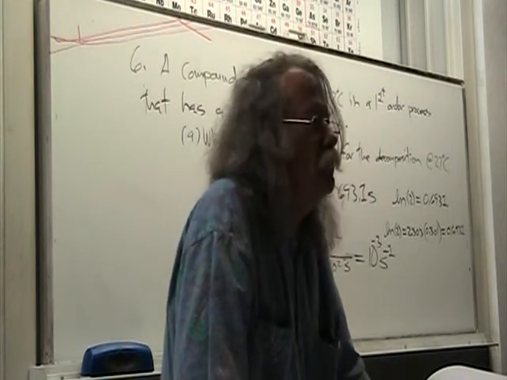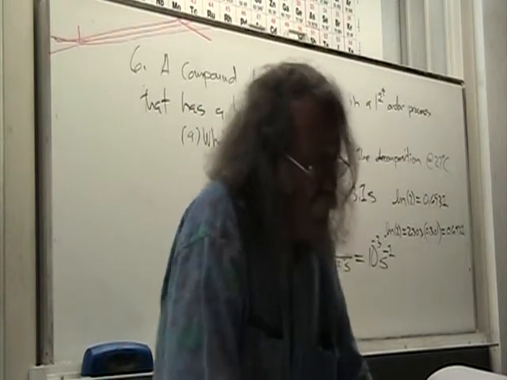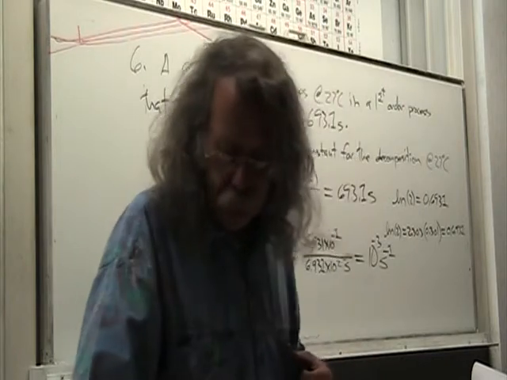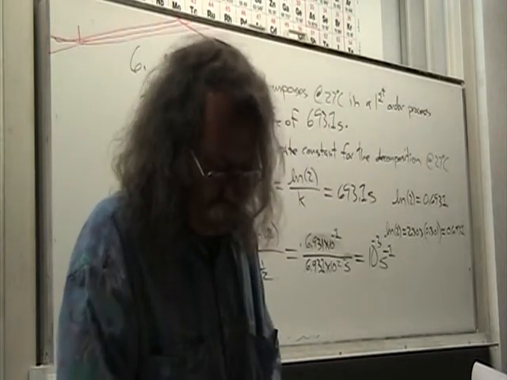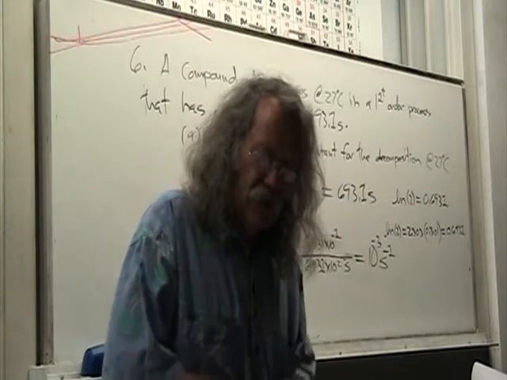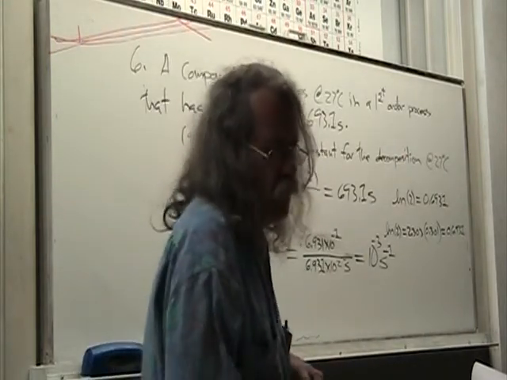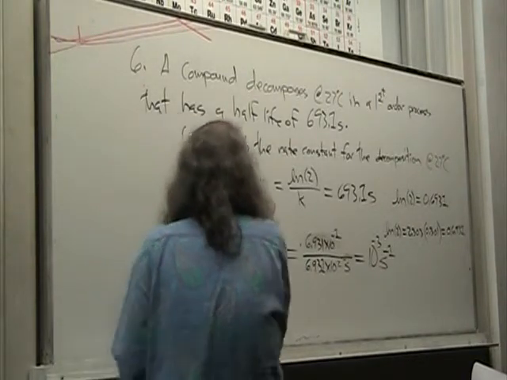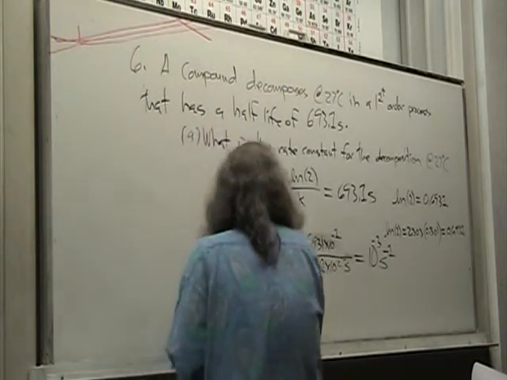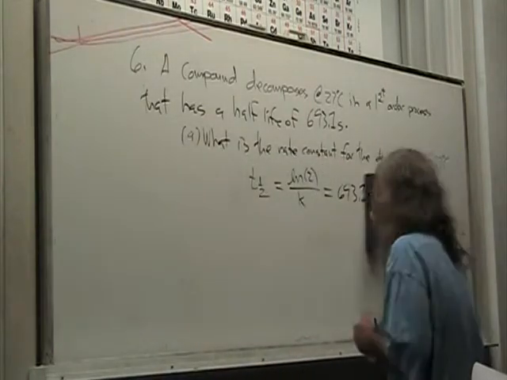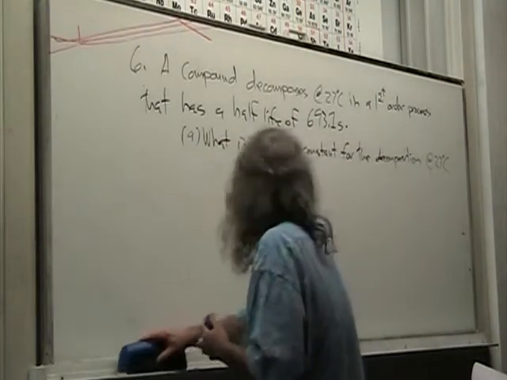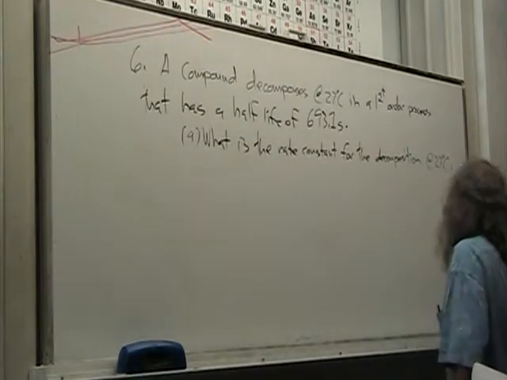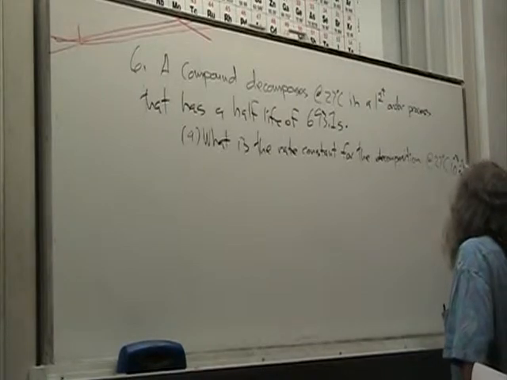Okay, are we done with that problem? Oh no, it's part A. Where's part B? Okay. How long does it take for the concentration of the compound to be reduced to 1/8 of its original concentration? So the answer here was 10 to the minus 3 per second.